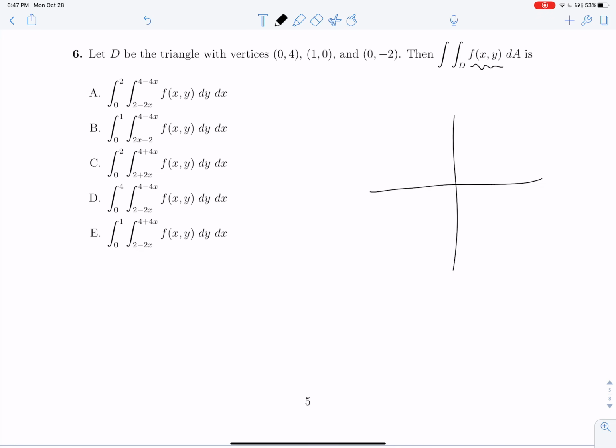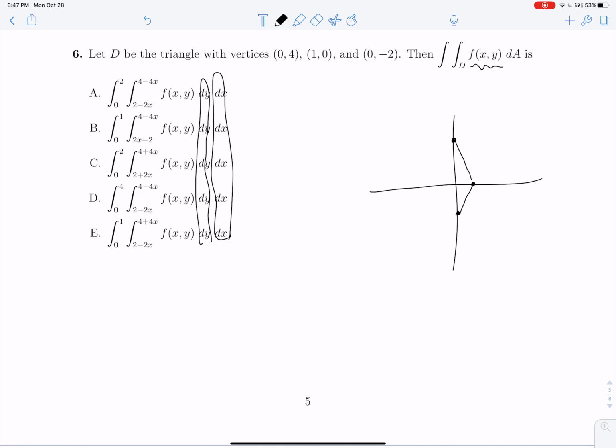Okay, we've got a triangle with some vertices, and we are just setting up an integral in rectangular coordinates with an arbitrary function in it, and we see that we're always doing dy dx, so that's important to note. Our triangle has vertices (0, 4), (1, 0), and (0, -2).